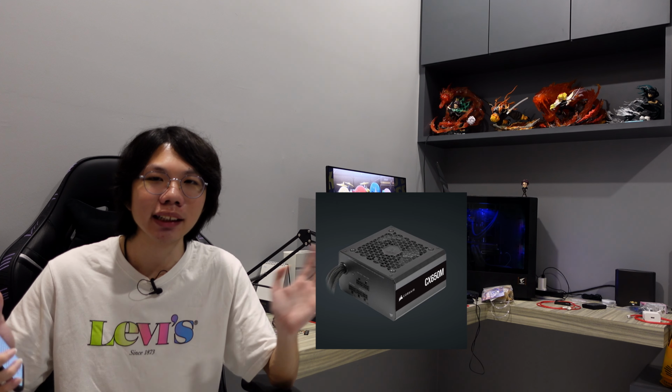A fully modular power supply is where all the cables can be detached, and you have the option to plug in only the cables that you need and leave out the cables that you don't need, so you have more room for cable management in your build. Semi-modular is somewhere in between these two.